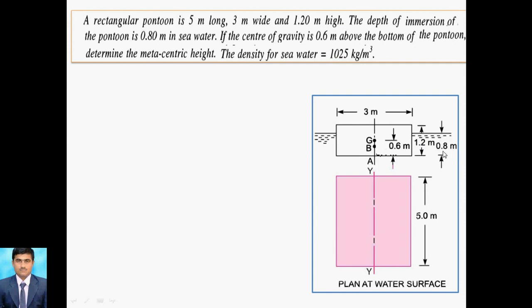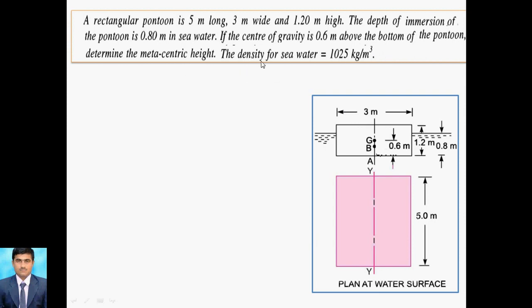The center of gravity is given as 0.6 above the bottom of the pontoon. So AG is given to you, and for AB we can take h by 2, that is 0.8 by 2, since this is the small h.